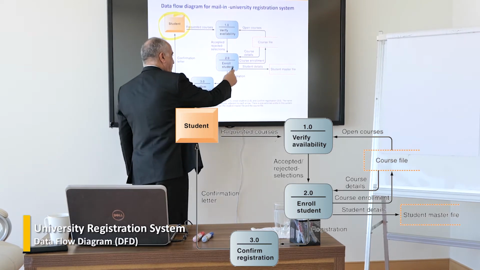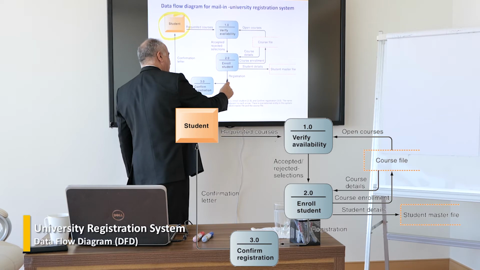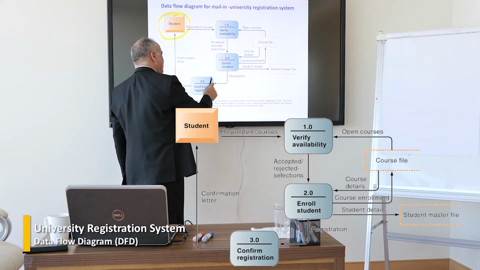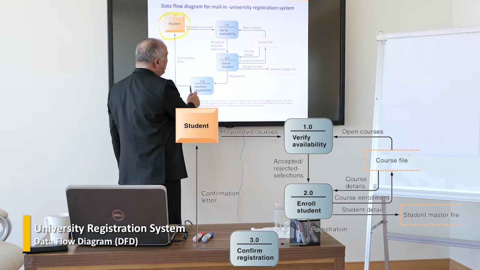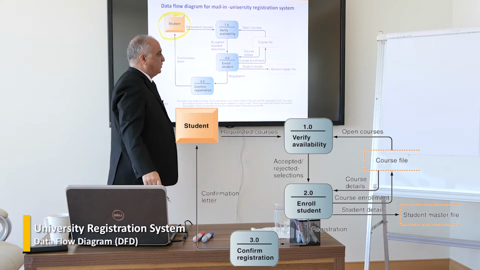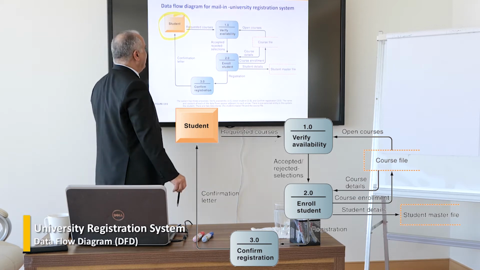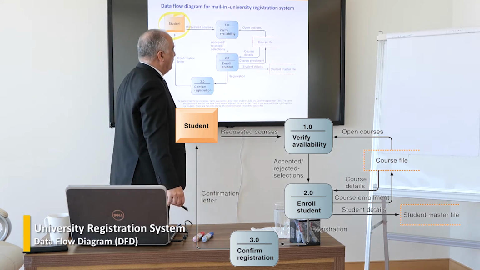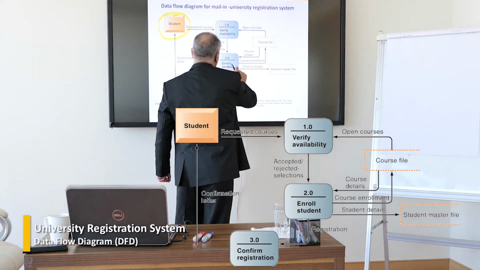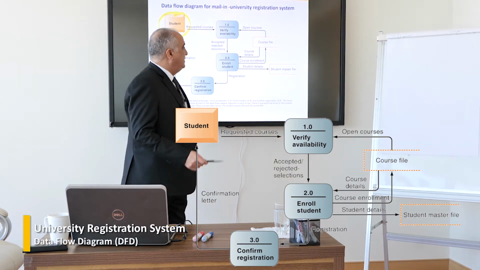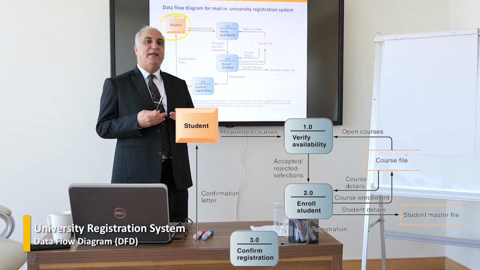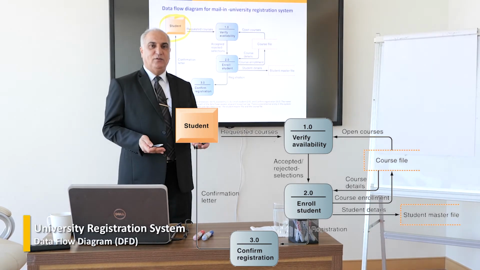Once the student is enrolled, we need to send a confirmation letter or an email to the student to say, congratulations, you have been enrolled in the course. So we have 3 processes. Second, we need to know the data files we need.